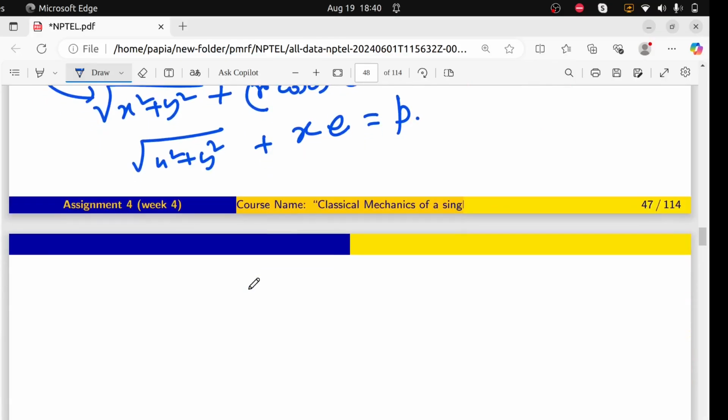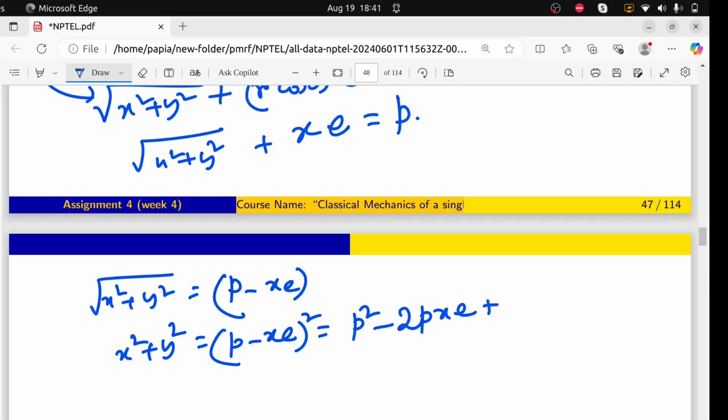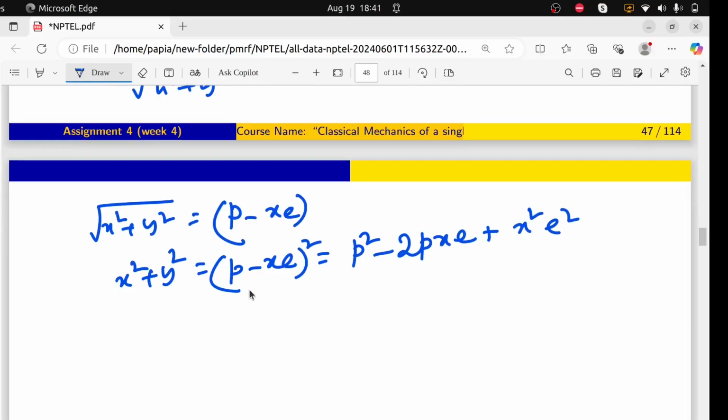Okay. So x square plus y square can be written as p minus x e, and then x square plus y square will give p minus x e whole square, which is p square minus 2pxe plus x square e square. Right?